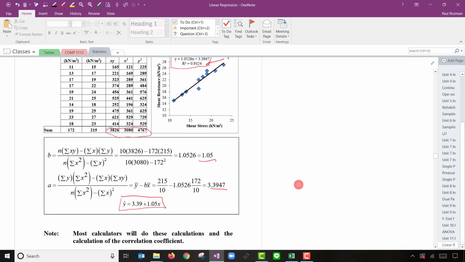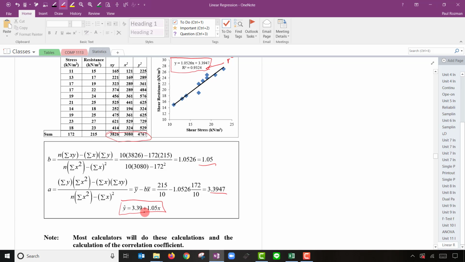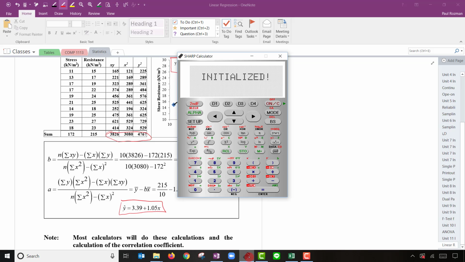Even your calculator has the ability to calculate the slope and the intercept. You just put your calculator into another mode. We've used stat mode on our calculator. If I go into mode, and we've been in stat mode, and we've used this SD, meaning single data mode.